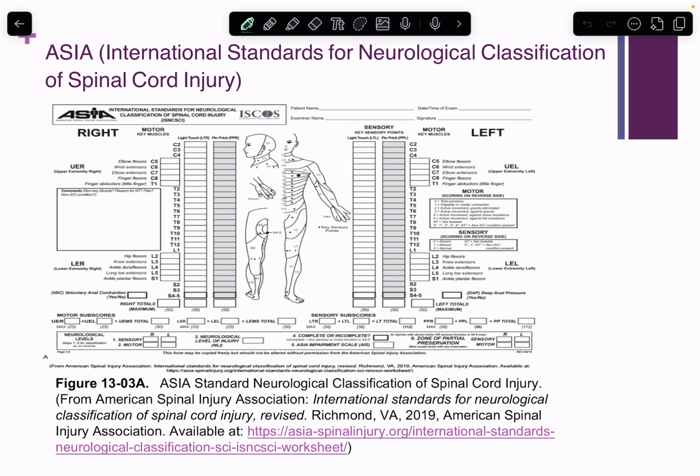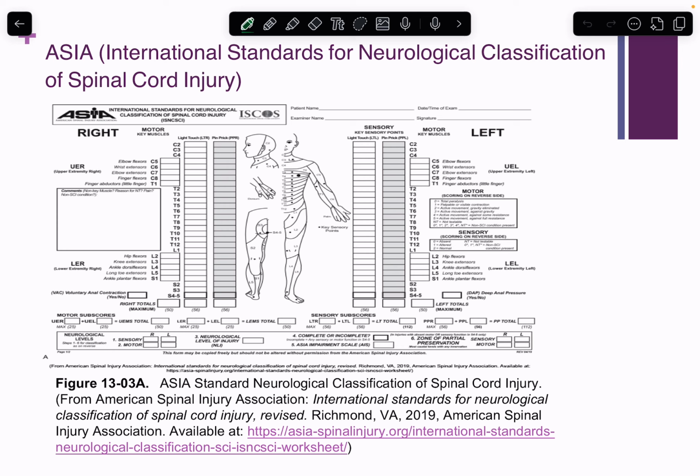So the ASIA Impairment Scale grades injuries from A to E based on motor and sensory function. ASIA A is called complete: there is no sensory or motor function preserved in the sacral segments S4-S5, indicating a complete spinal cord injury.